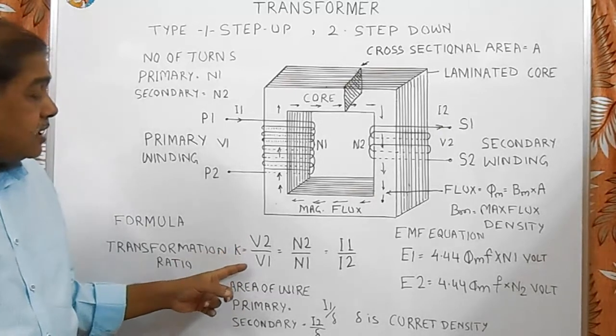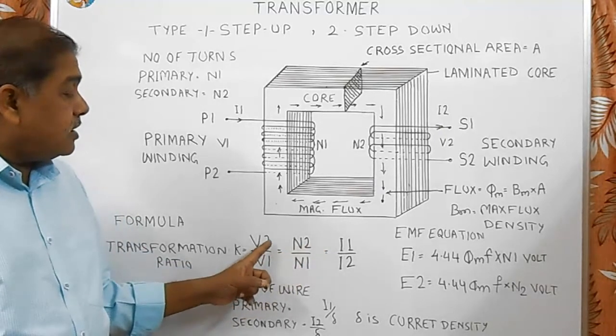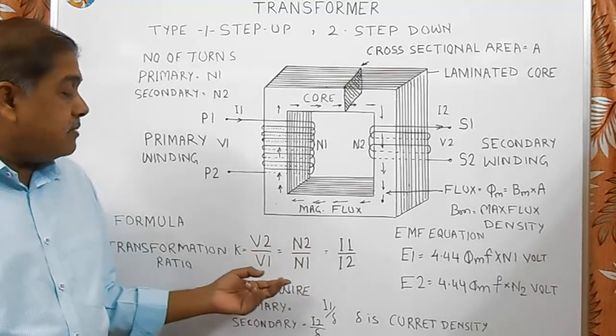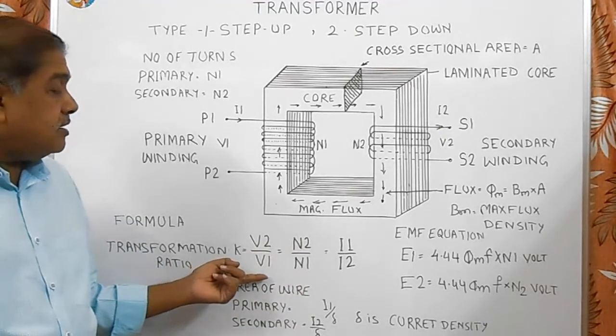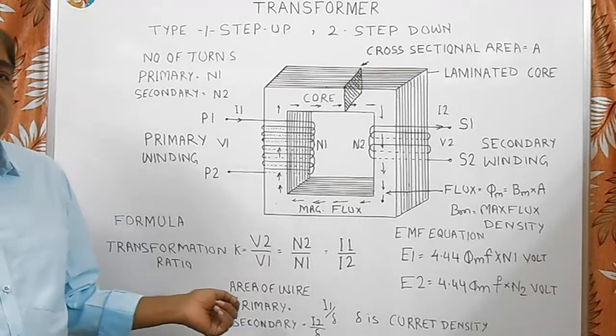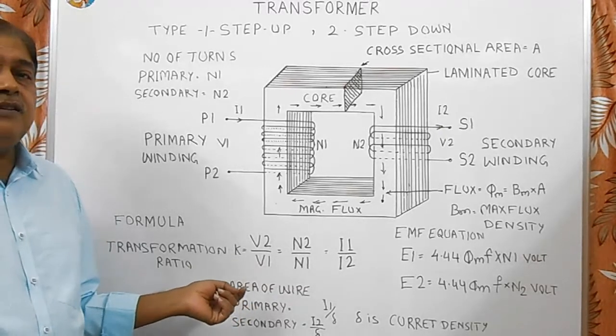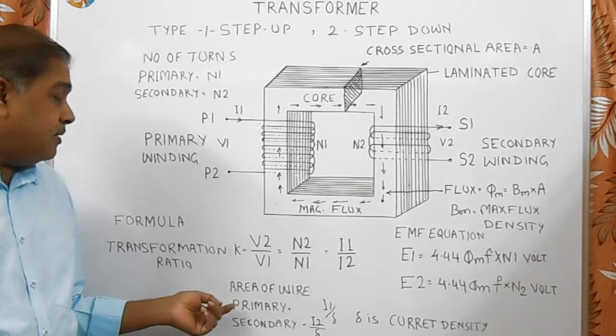The product of V1 into I1 is equal to product of V2 into I2. Primary volt ampere is equal to secondary volt ampere. The capacity of transformer is given in volt ampere, or in heavy size transformers it is given in kilovolt ampere.